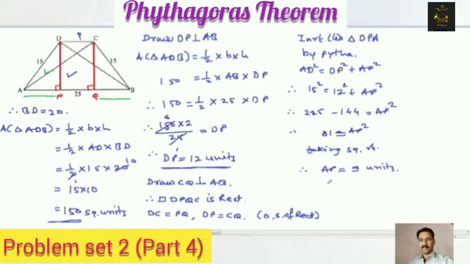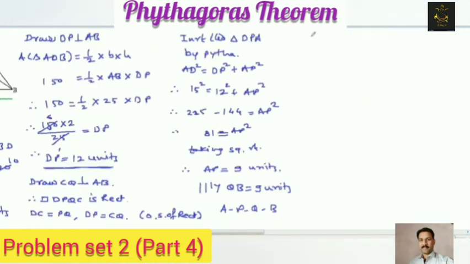Similarly, we'll find QB as well. QB is also 9 units. Now by betweenness, A, P, Q, B, we can say AB is equal to AP plus PQ plus QB.